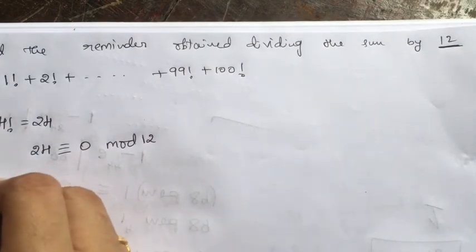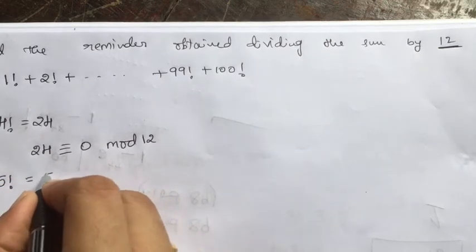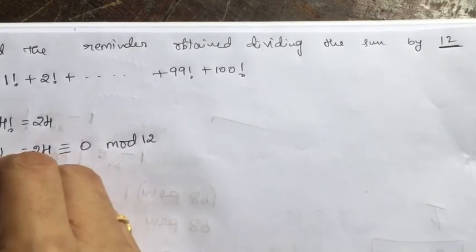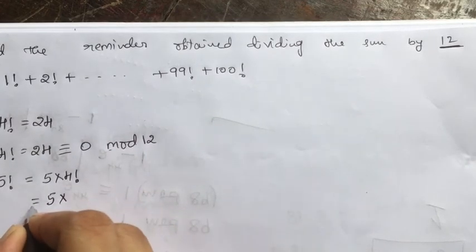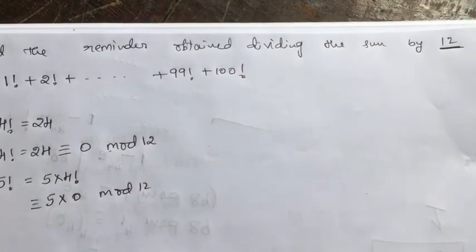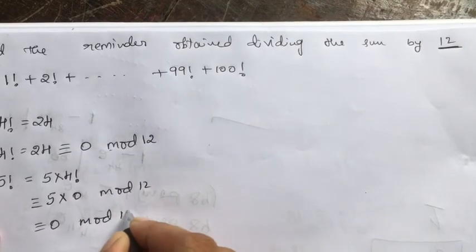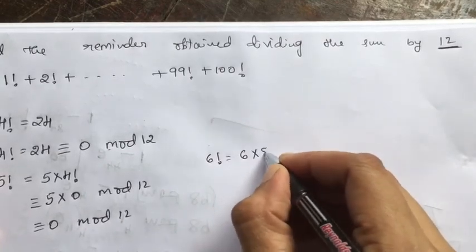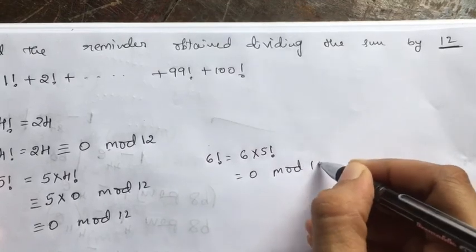When I consider 5 factorial, this 5 factorial can be written as 5 into 4 factorial. This 4 factorial is 0 mod 12, so 5 into 0 mod 12 is nothing but 0 mod 12. Similarly, 6 factorial, I can write as 6 into 5 factorial, which is 0 mod 12 again.